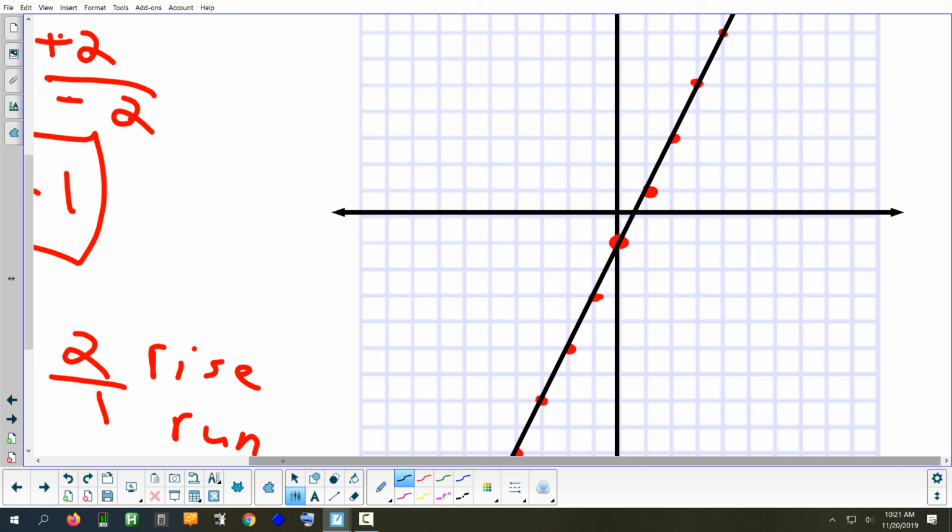It's like 0.80. Where does it look like?